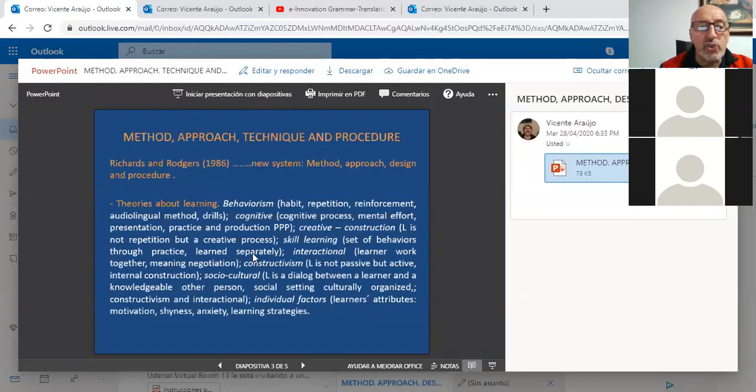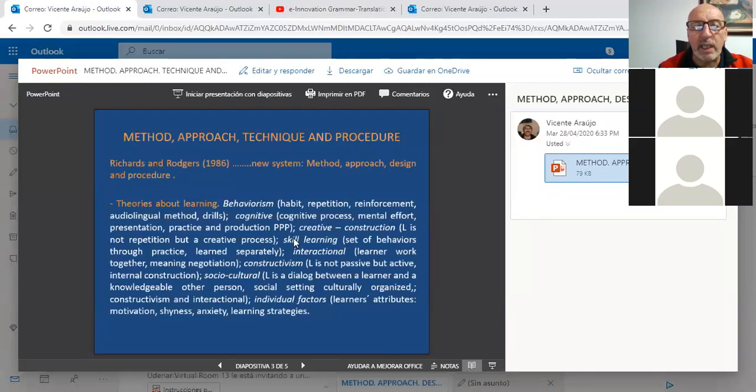And you learn them separately, in isolation, one by one. That's the skill learning. That's why we have productive skills and receptive skills. We have listening, speaking, reading, and writing. Some of them are productive, and some of these skills are receptive.